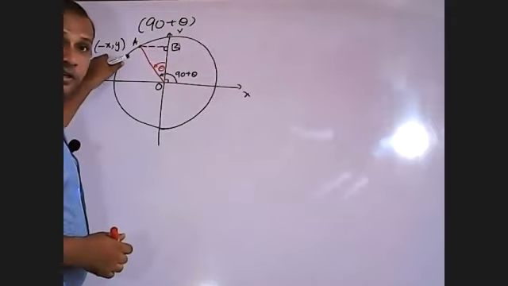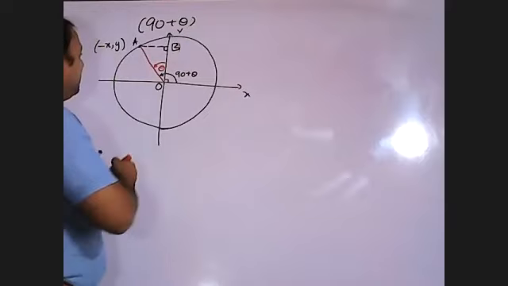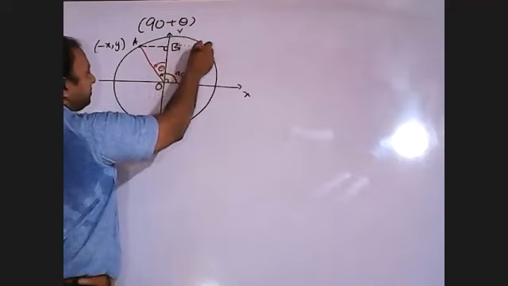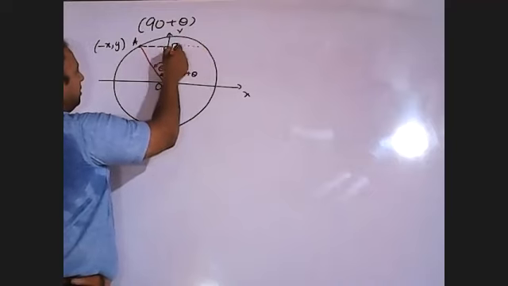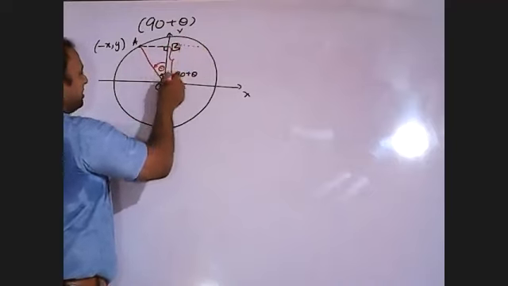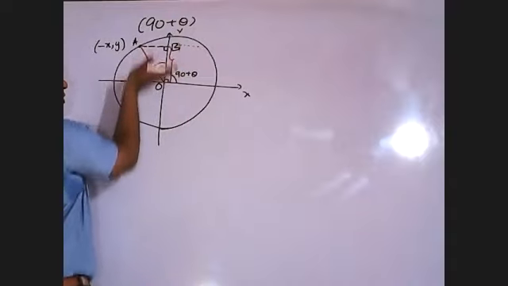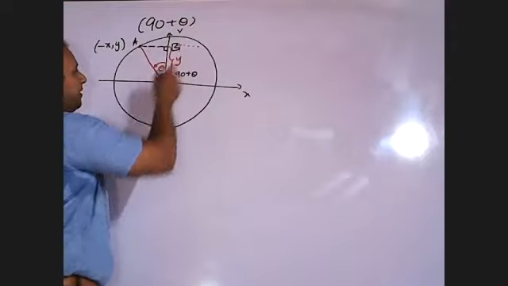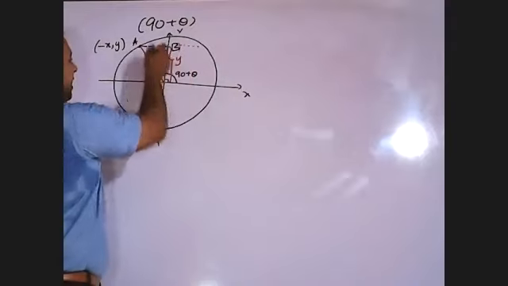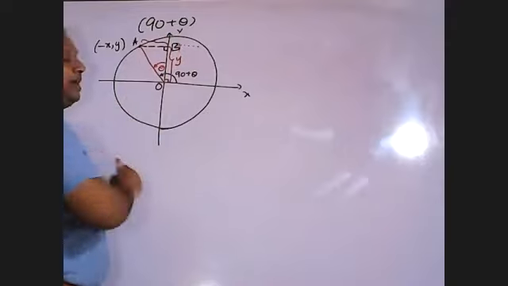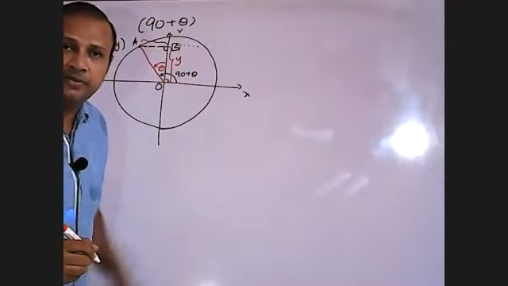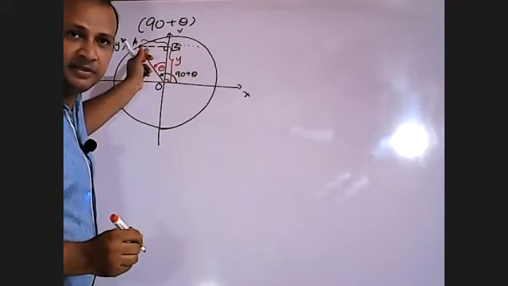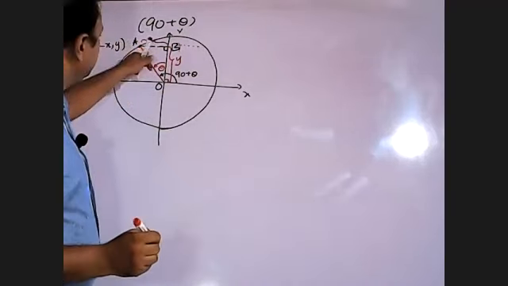I know the Cartesian coordinate of A. Therefore, I can determine this height. This height should be equal to the y coordinate of A, so this height should be equal to y. AB length is equal to, how much?